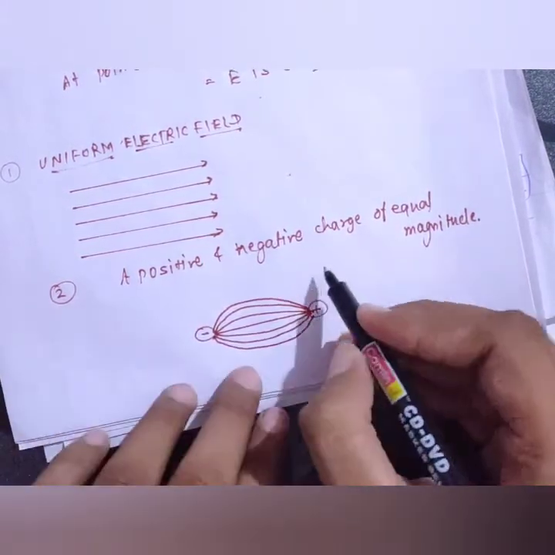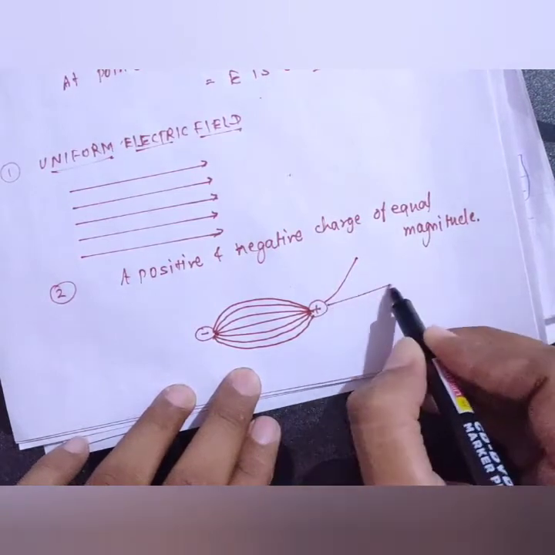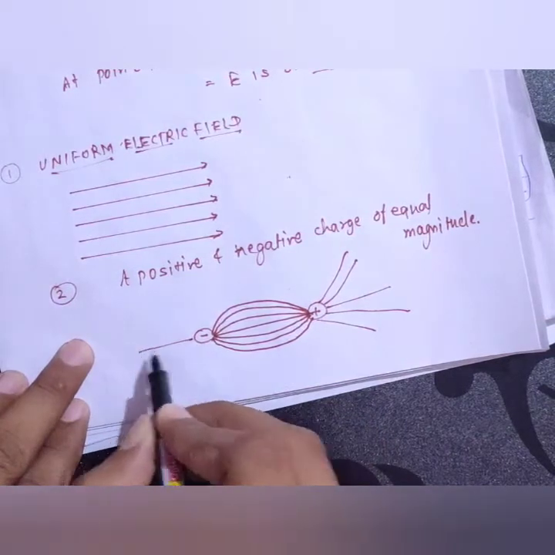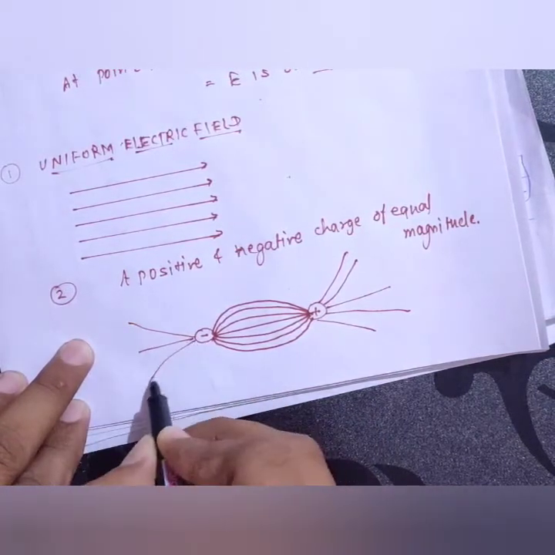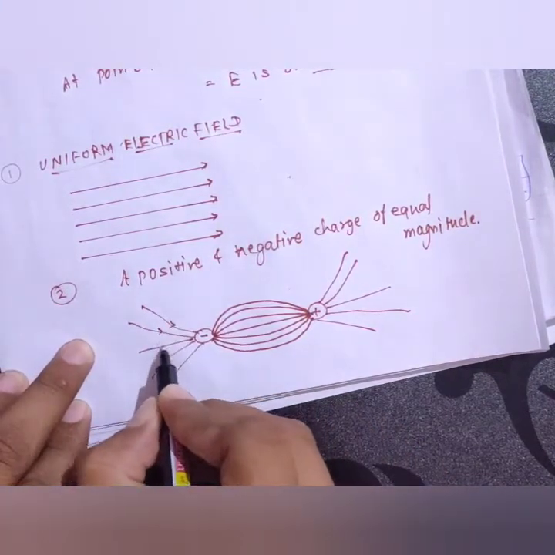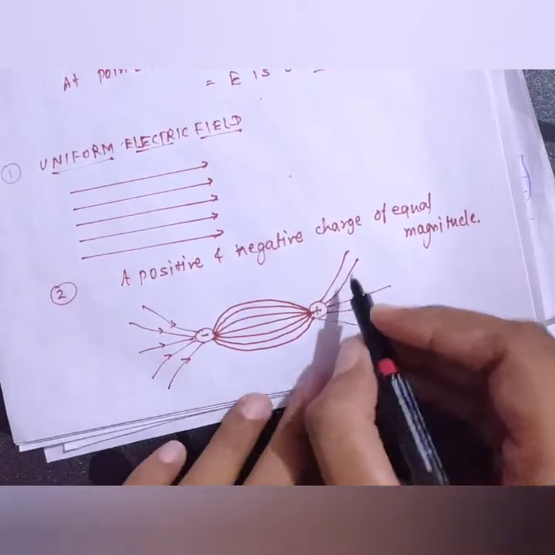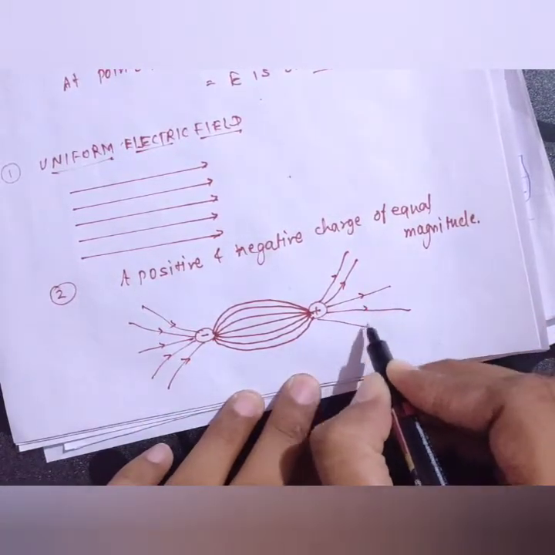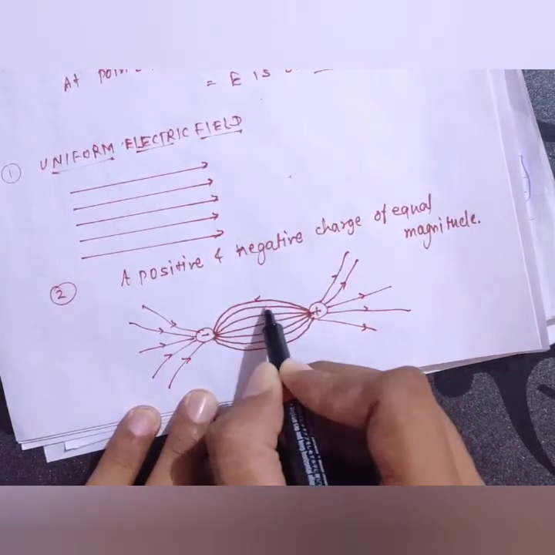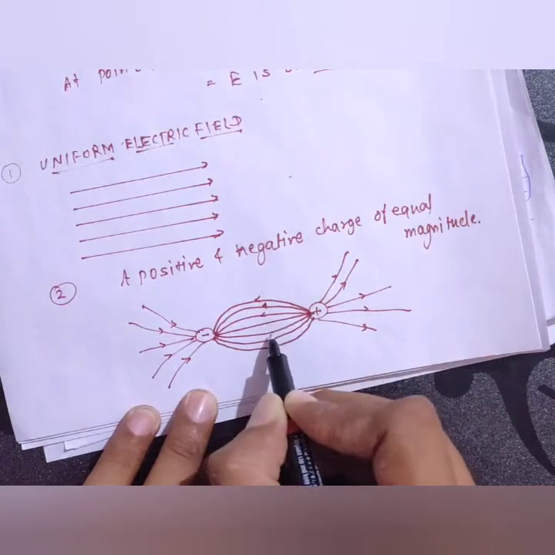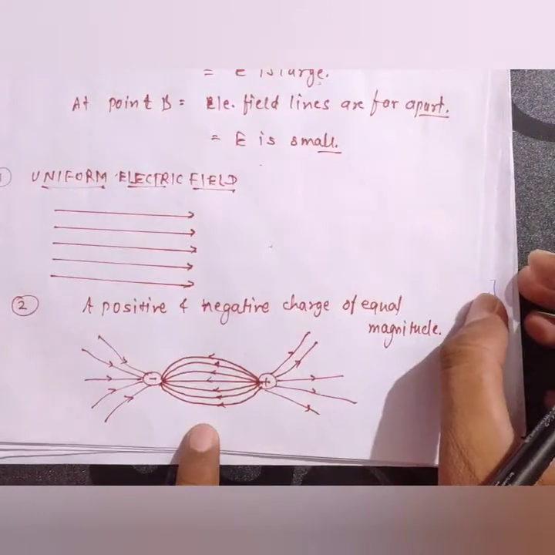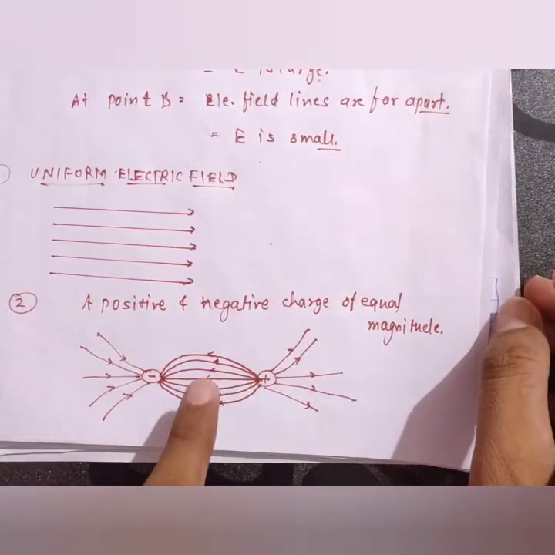Field lines are drawn like this. For positive charge, field lines start from the positive charge. So here the direction of arrow is towards the negative charge, and here the direction of arrow is away from the positive charge, and here electric field lines start from the positive charge and end at negative charge, so the direction of arrow like this. So this is the diagram for a positive and negative charge of equal magnitude.